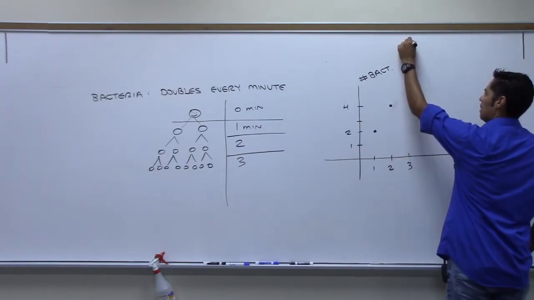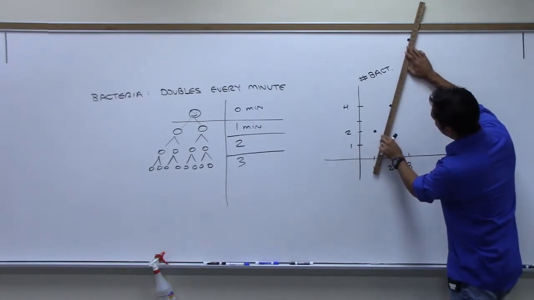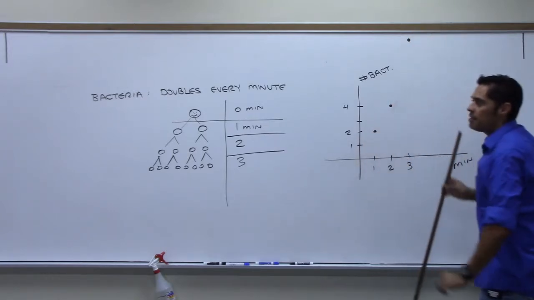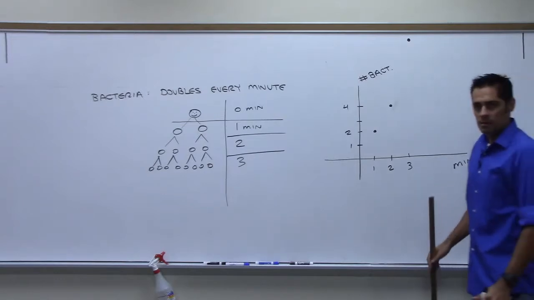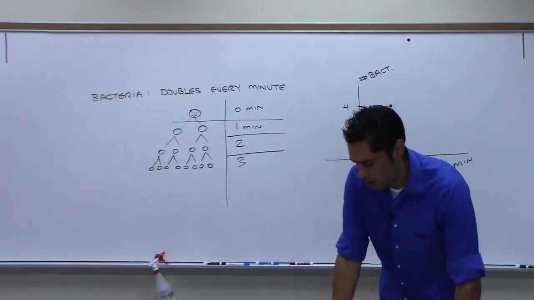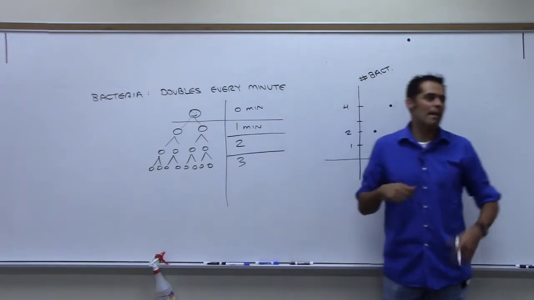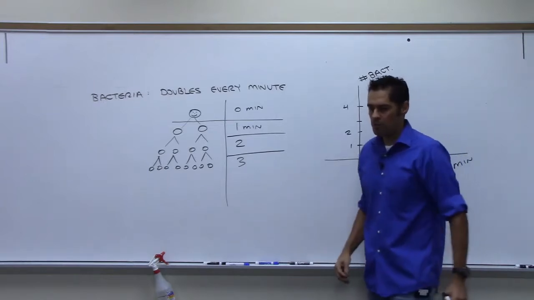Do you all see that that's not a line? Can you tell that I can't connect these with a straight line? And so this is not linear growth. This is what we call exponential growth. The whole point of this problem is just to let you know that not everything can be modeled with a line. Bacterial growth is one example.